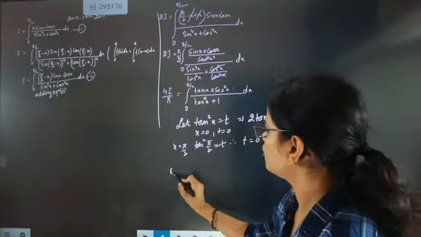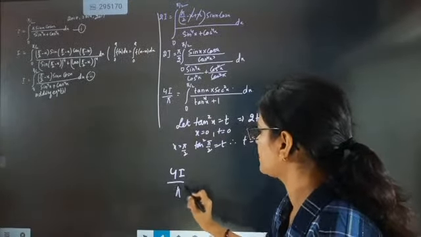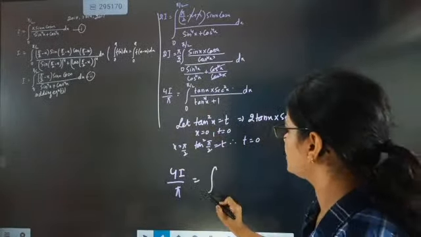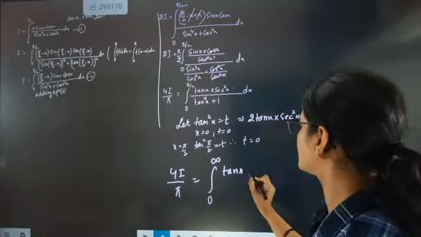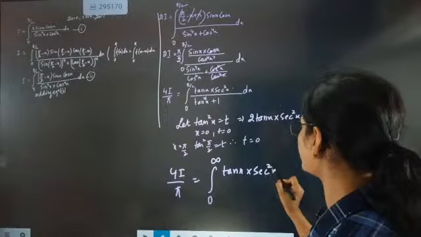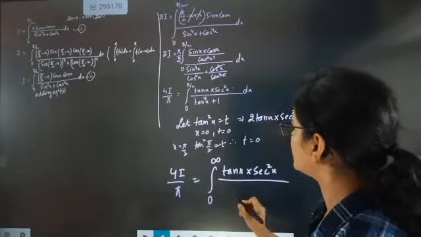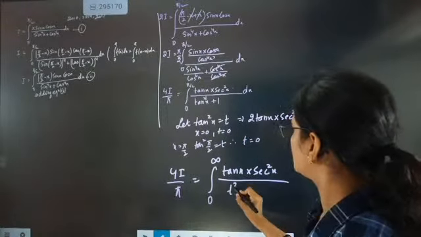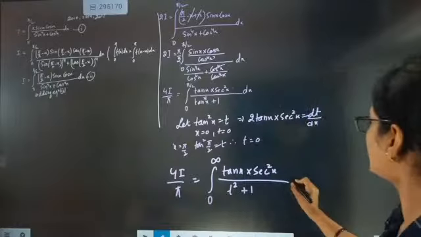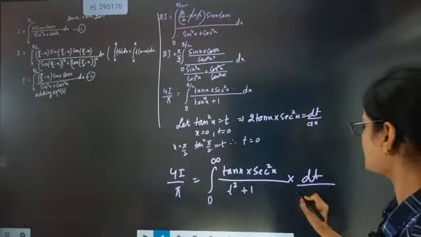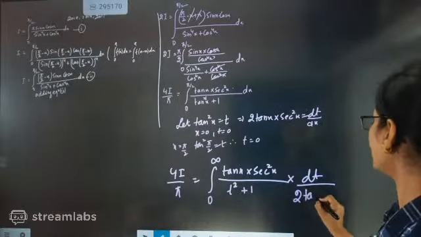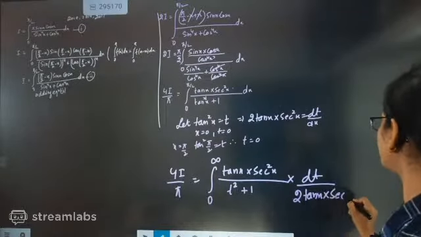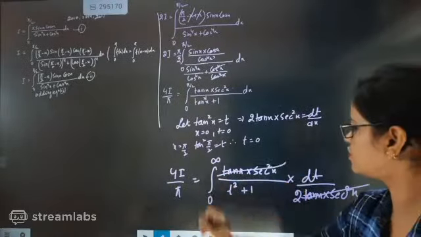So here 4I by pi will be equal to, this is going to come as 0 to infinity. Now tan x into secant square x by t square plus 1, here dt by 2 tan x into secant square x, this and this story over.